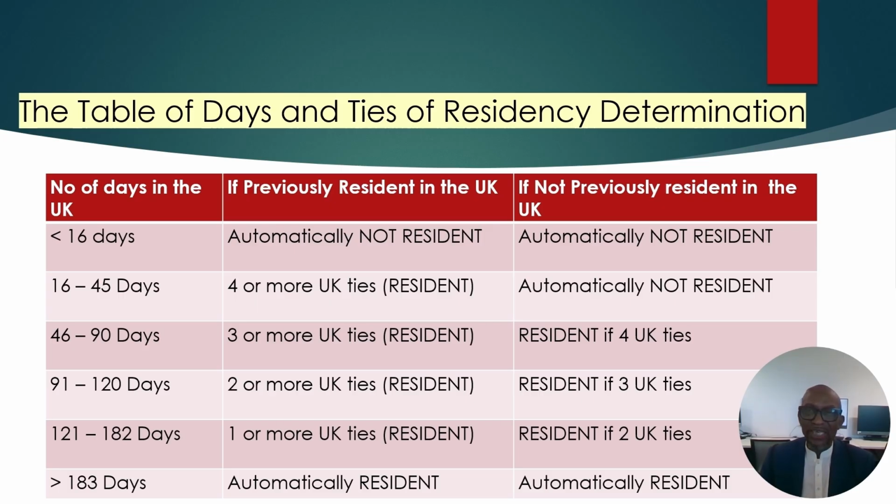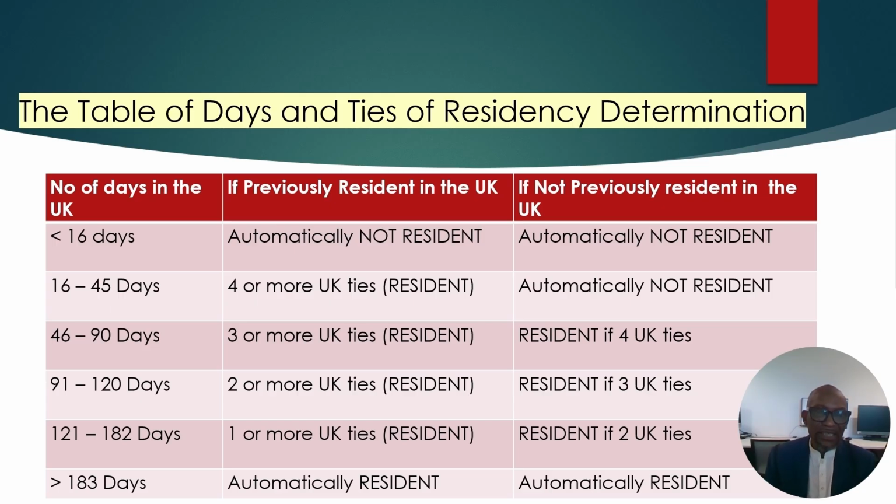And even when you are previously not resident in UK, you are still not resident in UK. So if you spend less than 16 days in UK, you are automatically not resident, whether you were previously resident or not.